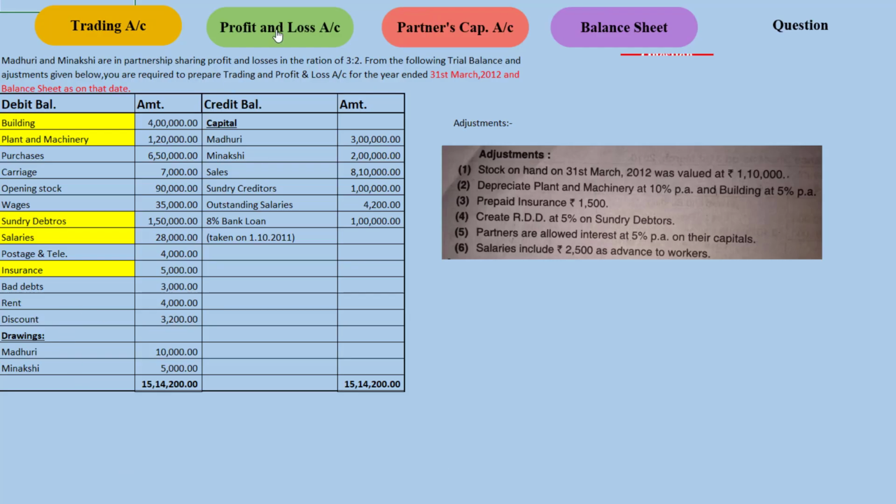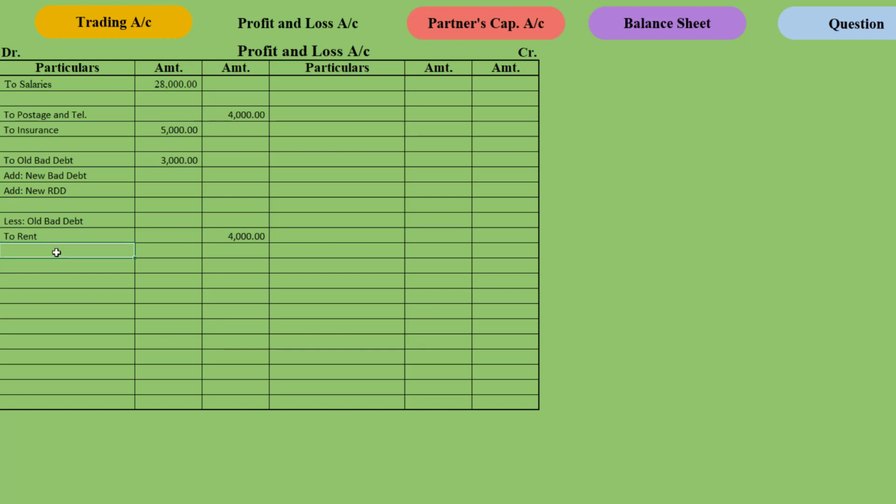Discount 3200, profit loss account. No adjustment. That's why it will be recorded in outer column. 3200.